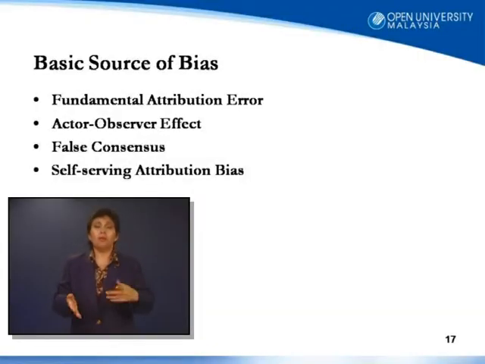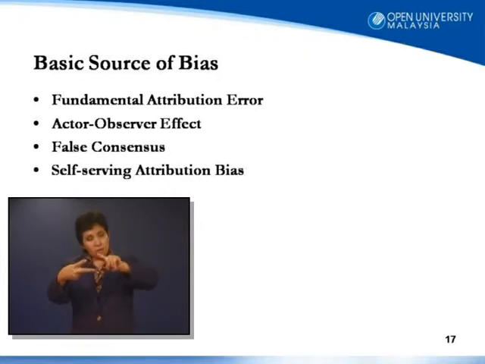The first one is the fundamental attribution error. This is one of the famous biases. We'll look into that. Next one is the actor-observer effect. Actor in terms of the person is the actor. We look at the person as an actor. The third one is the false consensus. And the fourth one is the self-serving attribution bias.